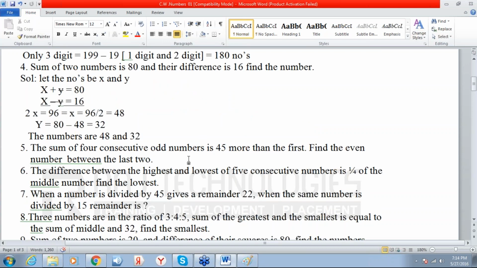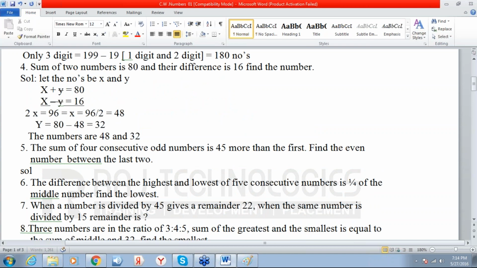Sum of 4 consecutive odd numbers is 45 more than the first. Find the even number between the last two. Let the smaller number be x.